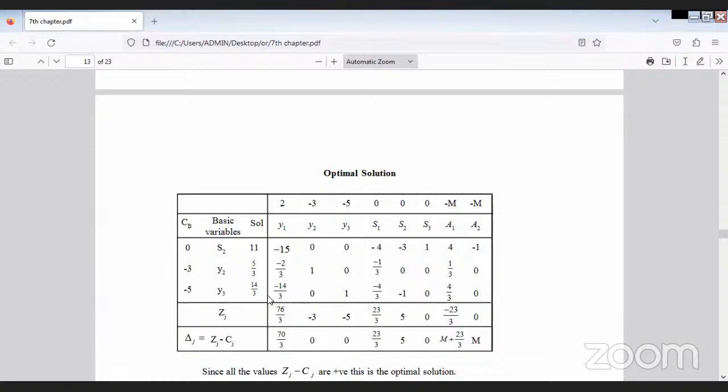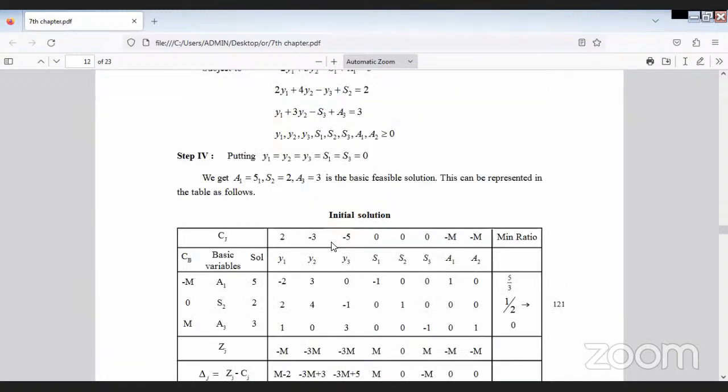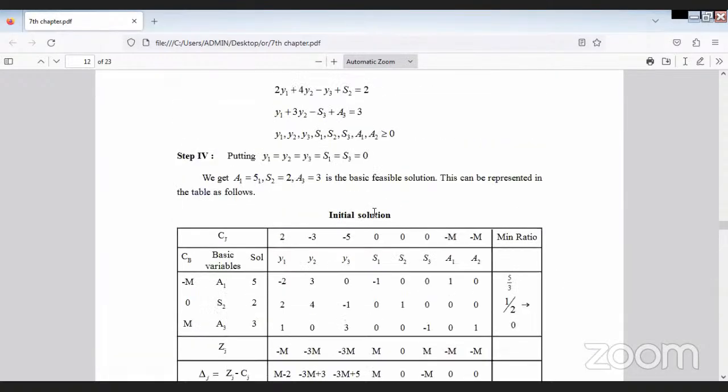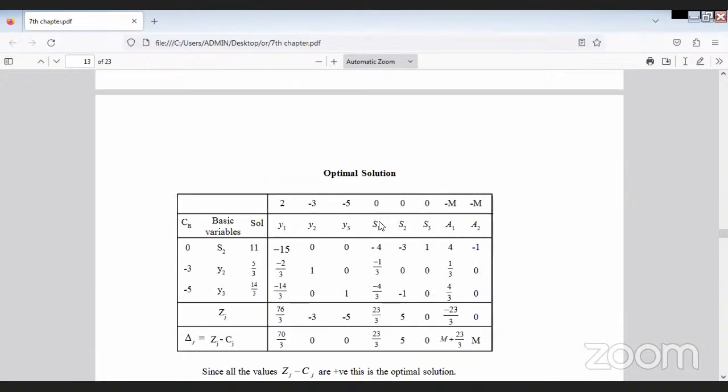So we are taking 2, 3, minus 5, 0, 0, minus M here. So this is the value, minus 15, 0. So Y1 is equal to minus 15, from the above table we are taking here.